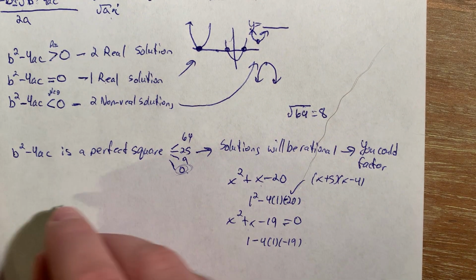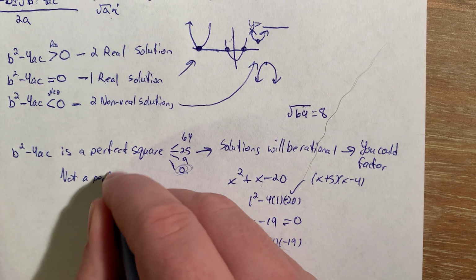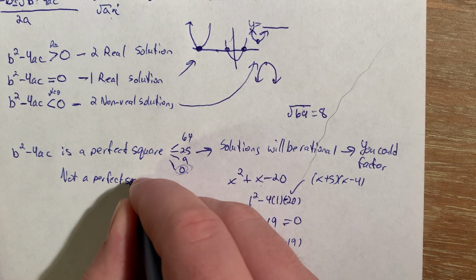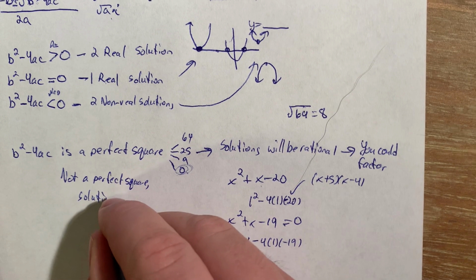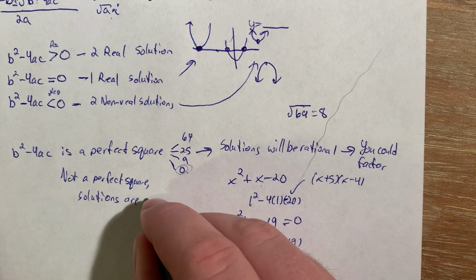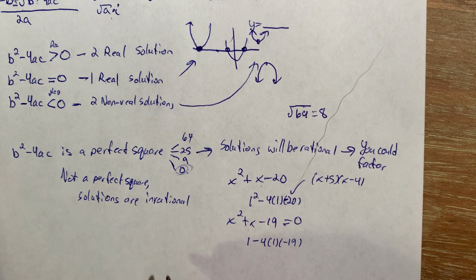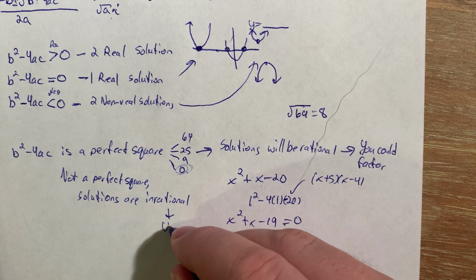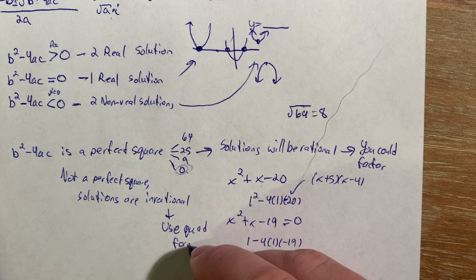So if it is not a perfect square, the solutions are irrational, and if you want to solve, you need to use the quadratic formula.